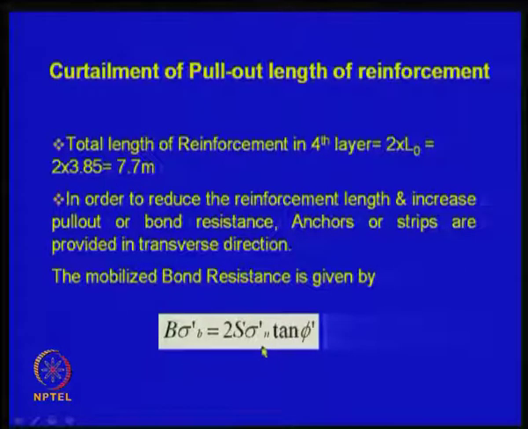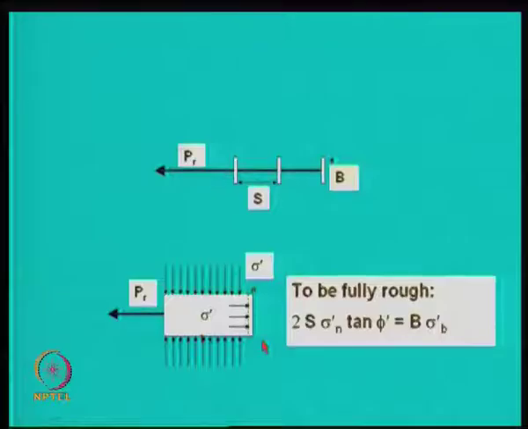This is a simple expression that we will use. I will just show you: you put a reinforcement here and you have a tensile member here, and this is a normal stress acting, and this is a bearing stress acting over the width B of the foundation.